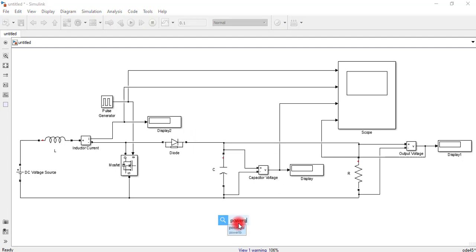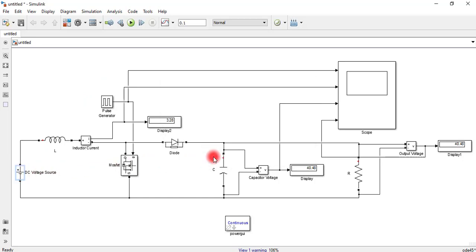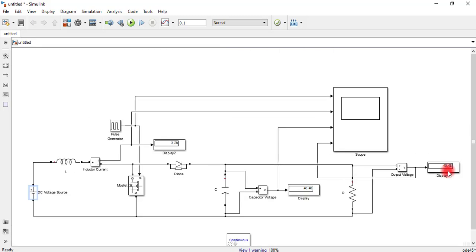Now bring power GUI. Okay, and run it for the 0.1 second. So you can see for the input voltage of 25 volt I am getting output of 40.48.